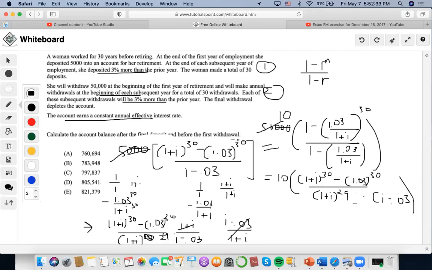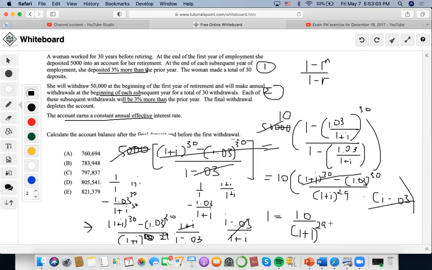Now let's see. I noticed some similarities. I noticed that we could get rid of this because they're the same. Also noticed that we could get rid of this and this one. So then we're just left with 1 equals 10 over 1 plus I to the 29.